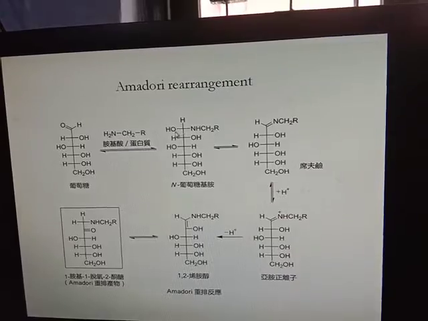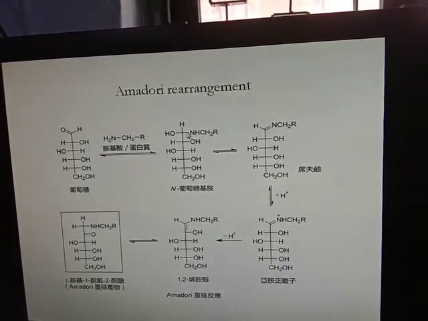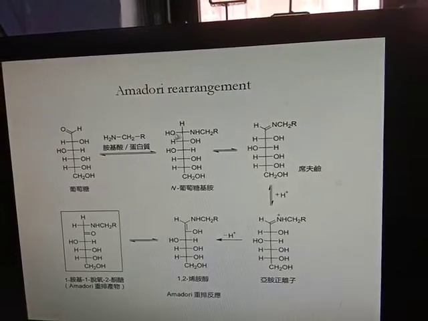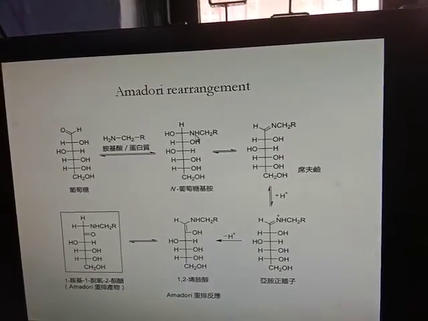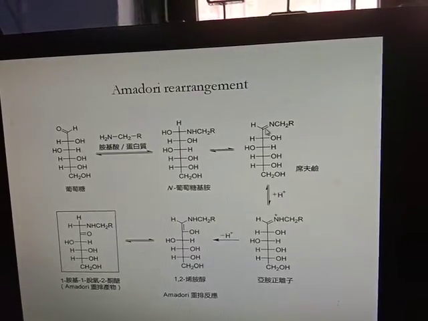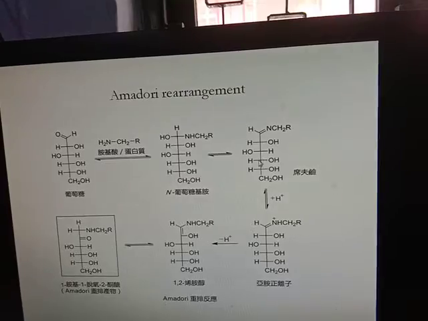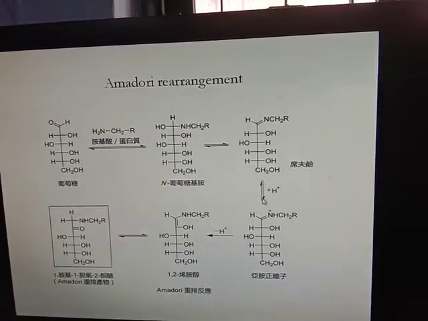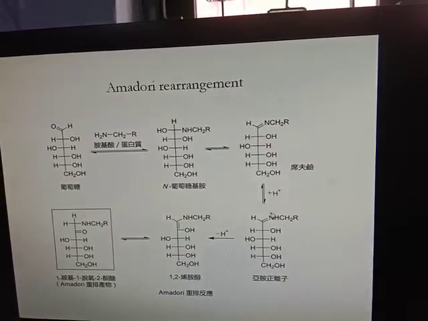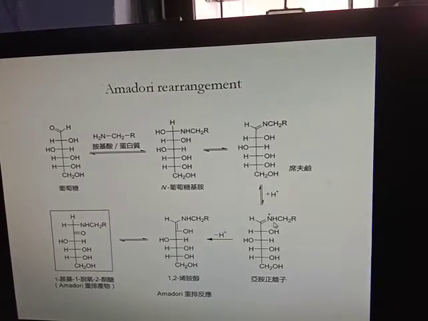You can see here the OH group from one end and hydrogen from the other end are removed as water. So it forms a double bond at the amino acid on the first carbon. Then in the same reaction, hydrogen is again added.